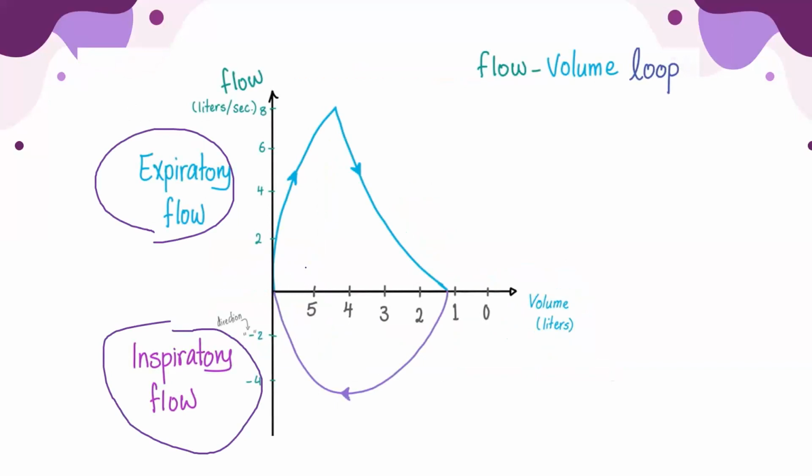Just to follow the graph, we start from here in expiratory flow, and we breathe out as much and as fast as possible, so the volume decreases. After that, the flow rate begins to decrease because we're not able to put in that much force during exhalation anymore. So volume is still decreasing, but the flow rate is decreasing because we're not putting in that much effort or force.